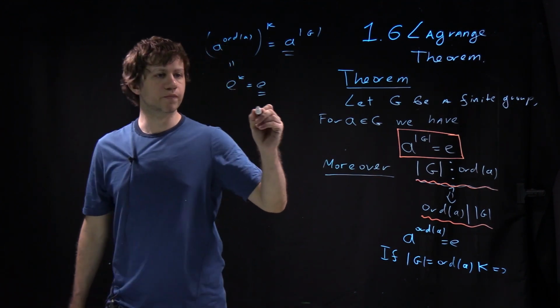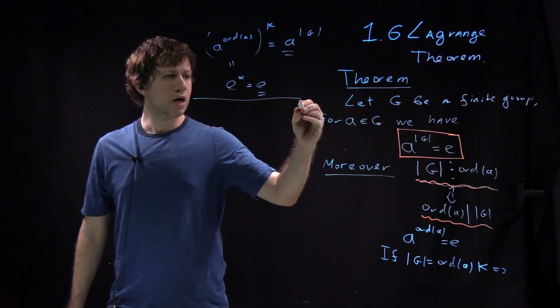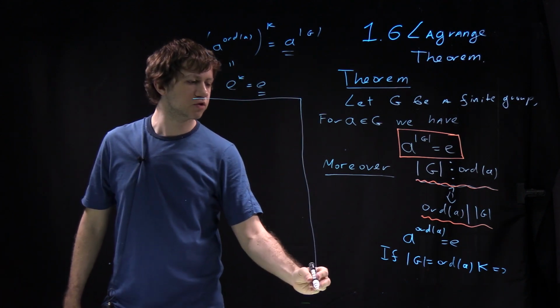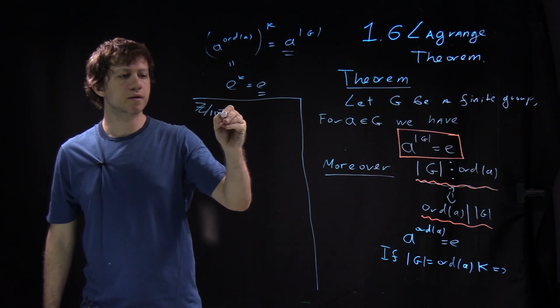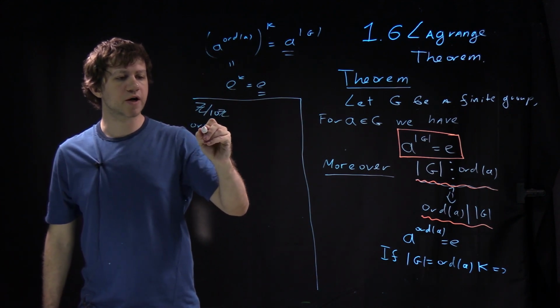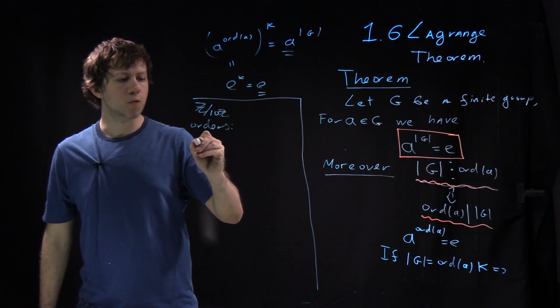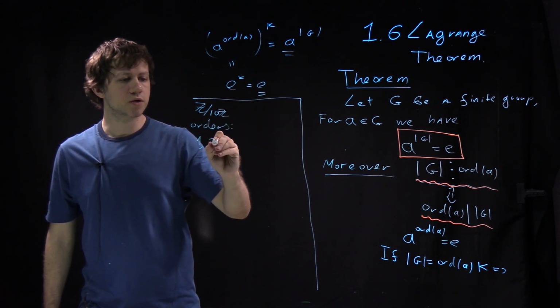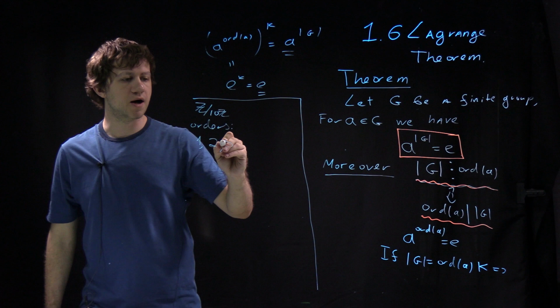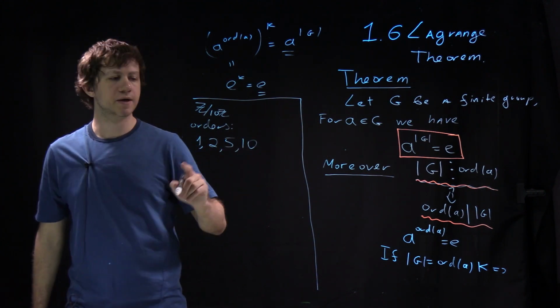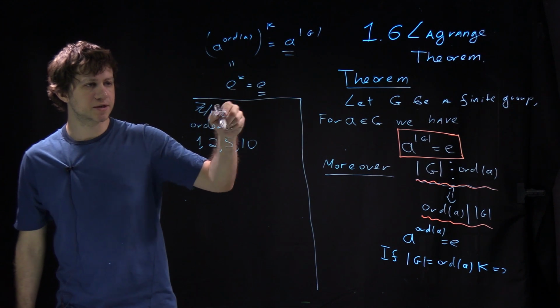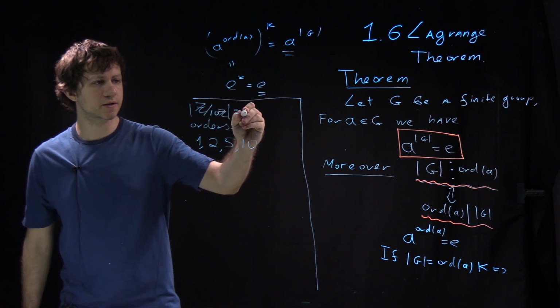Okay, so proof. By the way, before I prove it, let me just remind you that we already looked at Z over 10Z, and orders of elements there were 1 for 0, 2 for 5, 5 for 2, for instance, and 10 for, say, 1. So all of them divide the order of the group, which is 10.